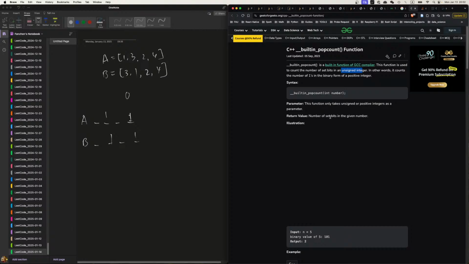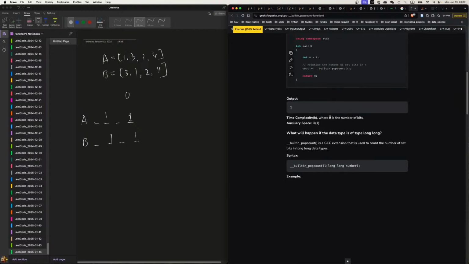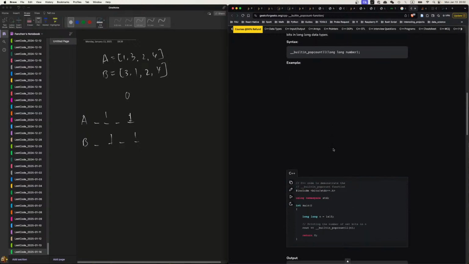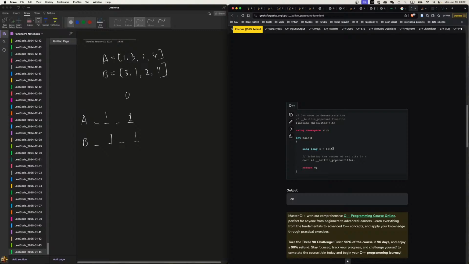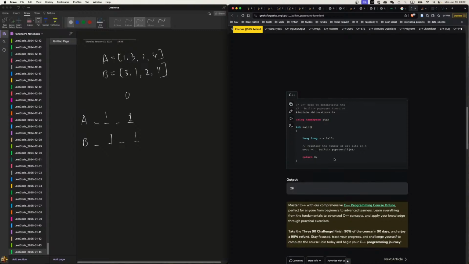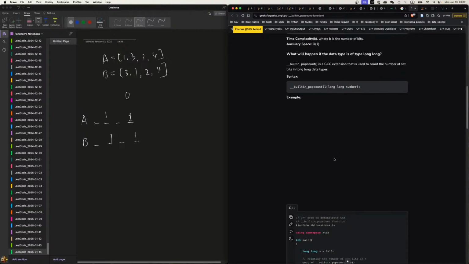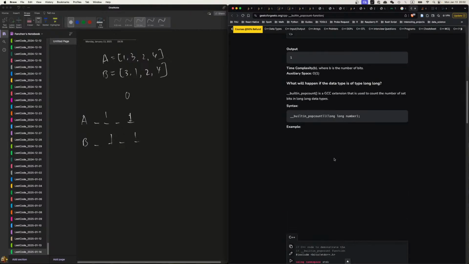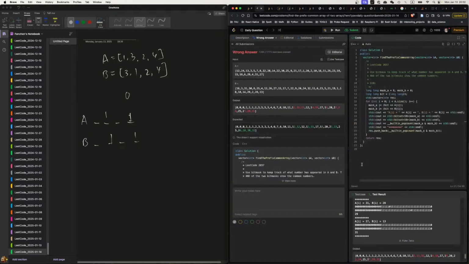Oh, it has to be an int. Having to type long.